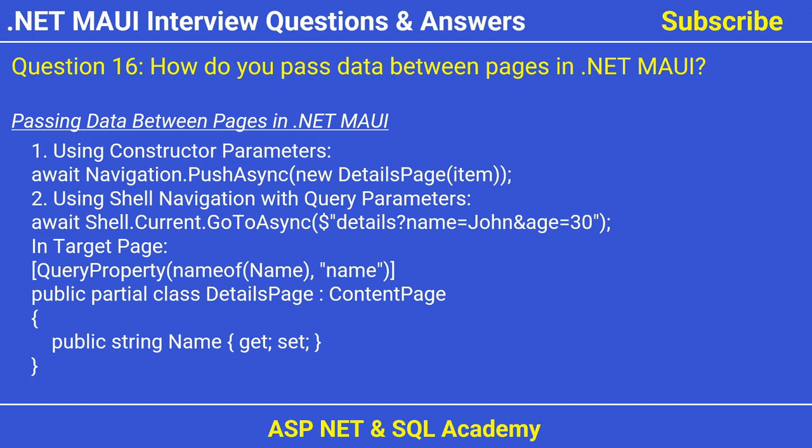QueryProperty("Name", "name") public string Name { get; set; }. This is especially useful in MVVM architecture, where you want to keep your navigation and view model interactions clean.